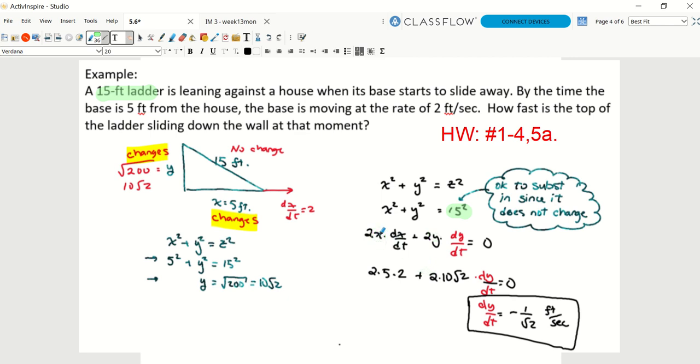if you plugged in the x and the y over here, well, let me just put it this way. Let's say you plug in the x right here, which is 5.